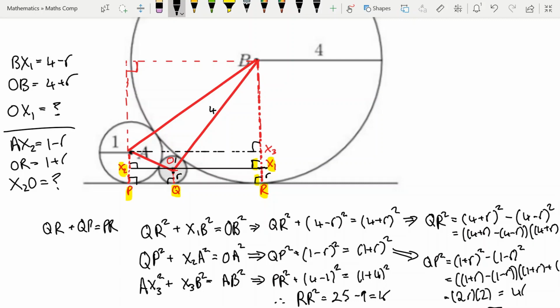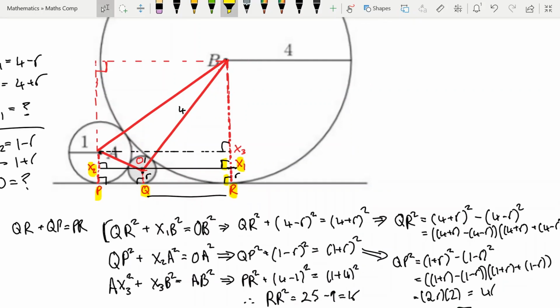On this triangle, first of all, we've got QR squared, which is this length here. This length is equivalent to OX1, so we can use QR squared and OX1 squared interchangeably. The base squared plus the height squared is equivalent to the hypotenuse squared.